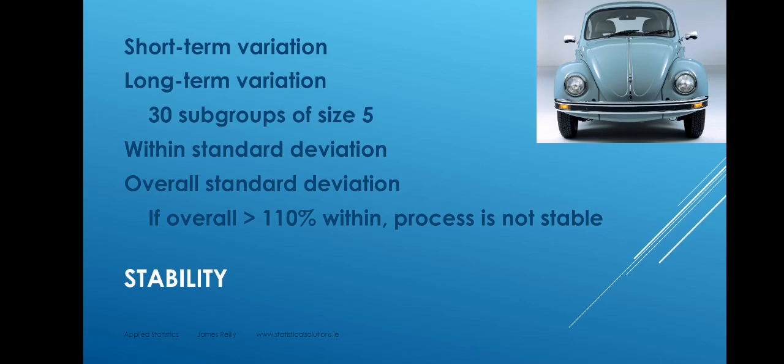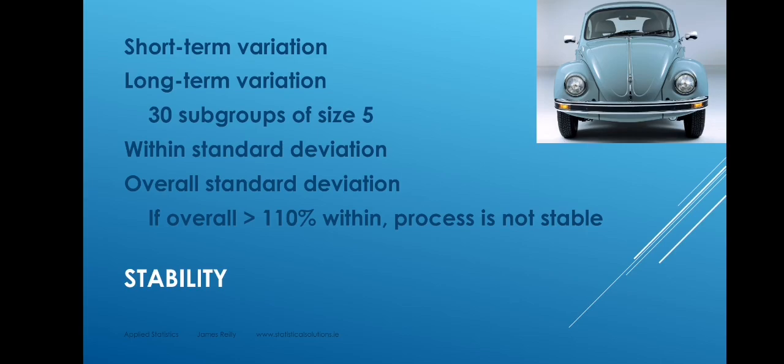And so when we calculate the standard deviation within a subgroup of 5, we are measuring the within standard deviation, also called the short-term standard deviation. On the other hand, when we calculate the standard deviation based on all of the data, we are calculating the overall standard deviation or the long-term standard deviation.